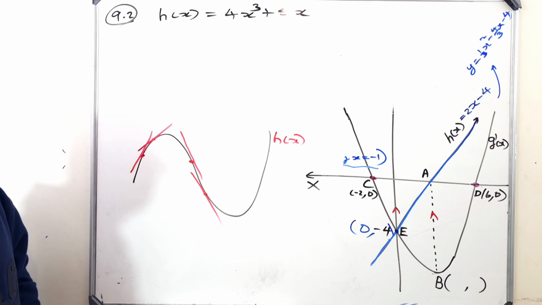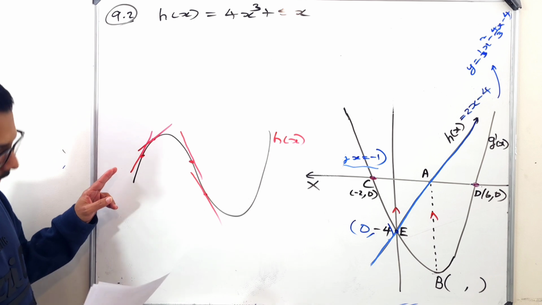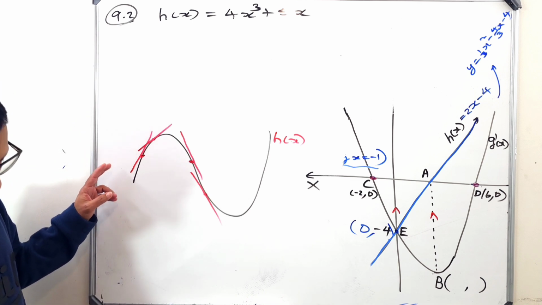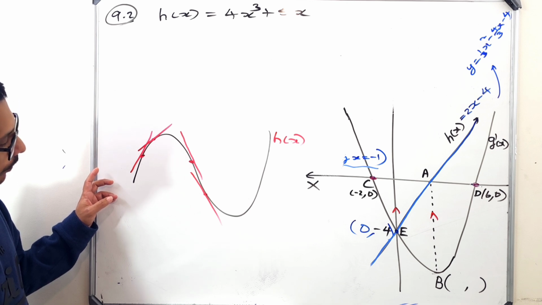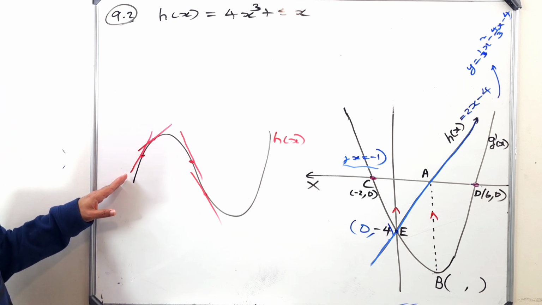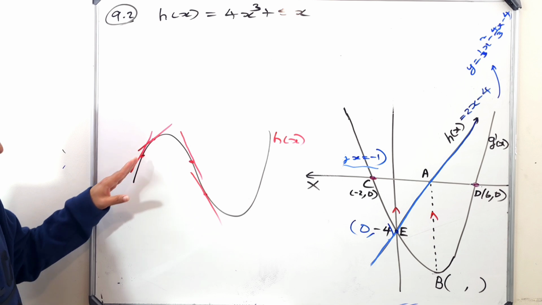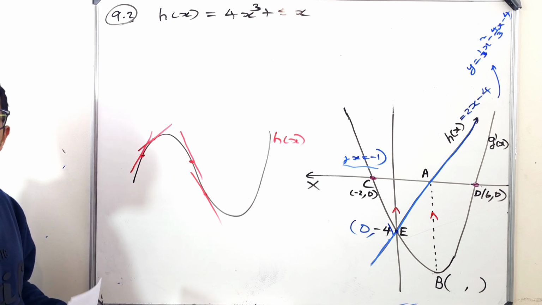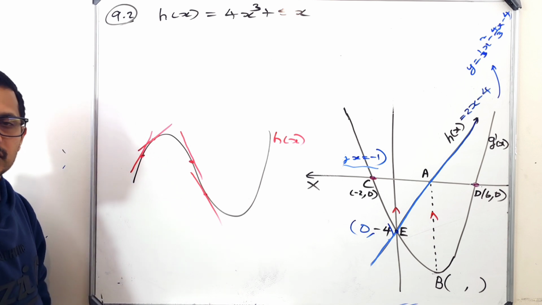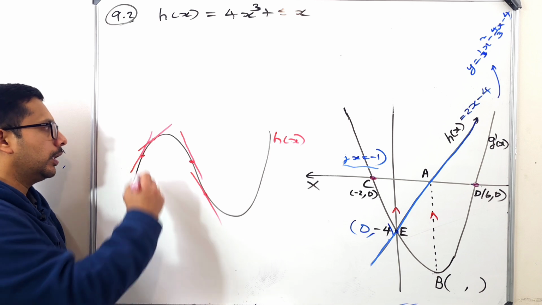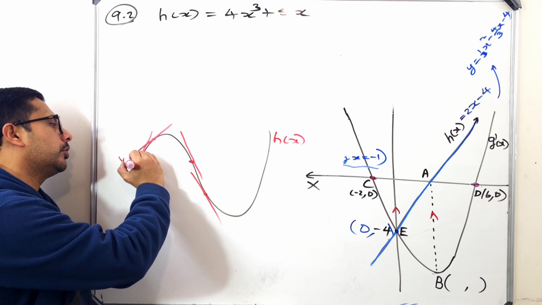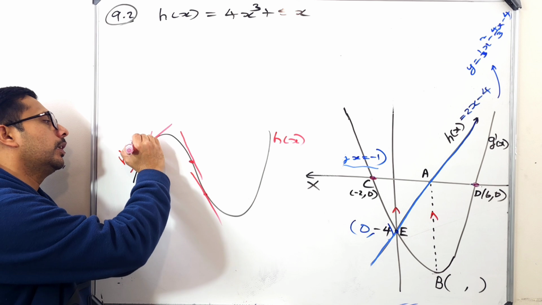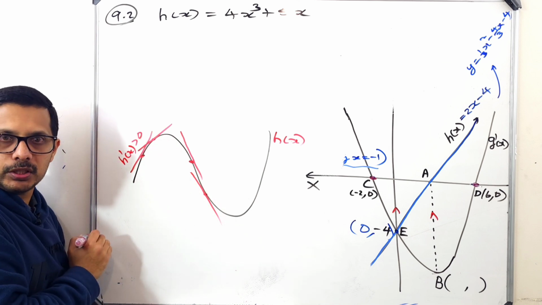Okay, so now listen here. If I draw a tangent like this, what about the first derivative, h dash of x, at this point? h dash of x is supposed to be positive, am I right?